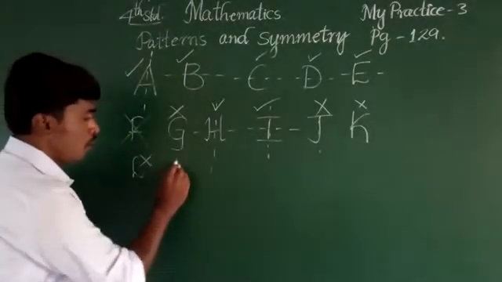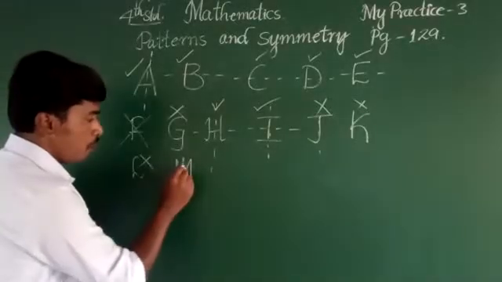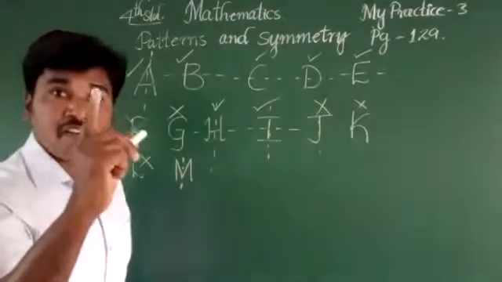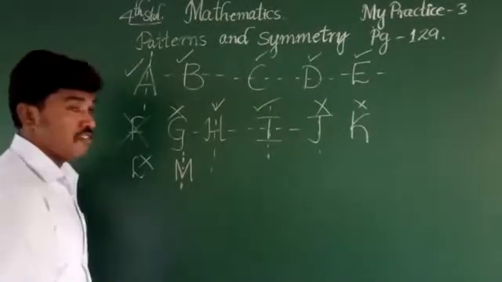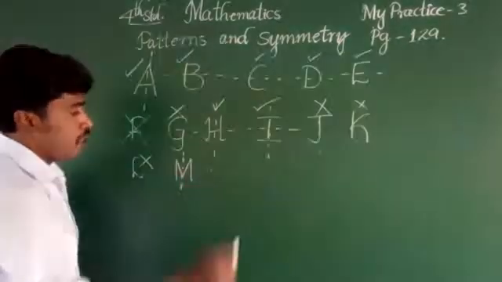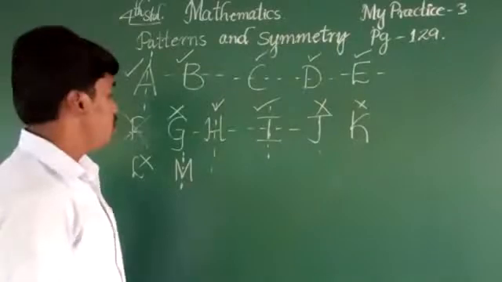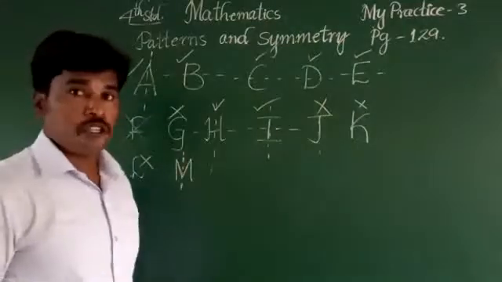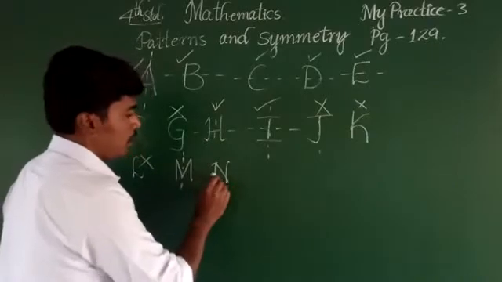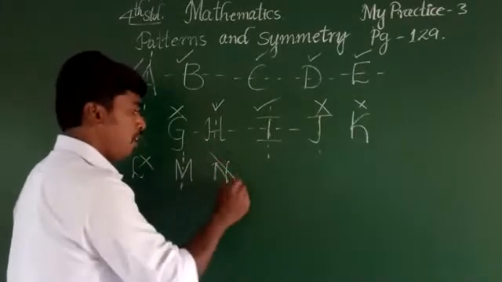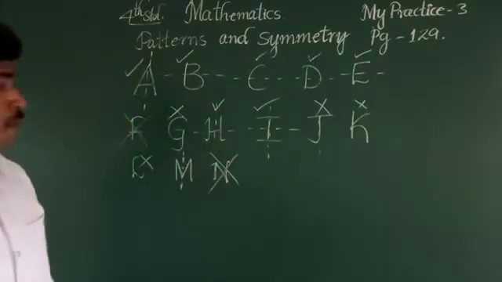M, observe dear children. M has one line of symmetry. We can draw the vertical line of symmetry. But a horizontal line of symmetry it does not have, because top is different from bottom. N also does not have any line of symmetry.